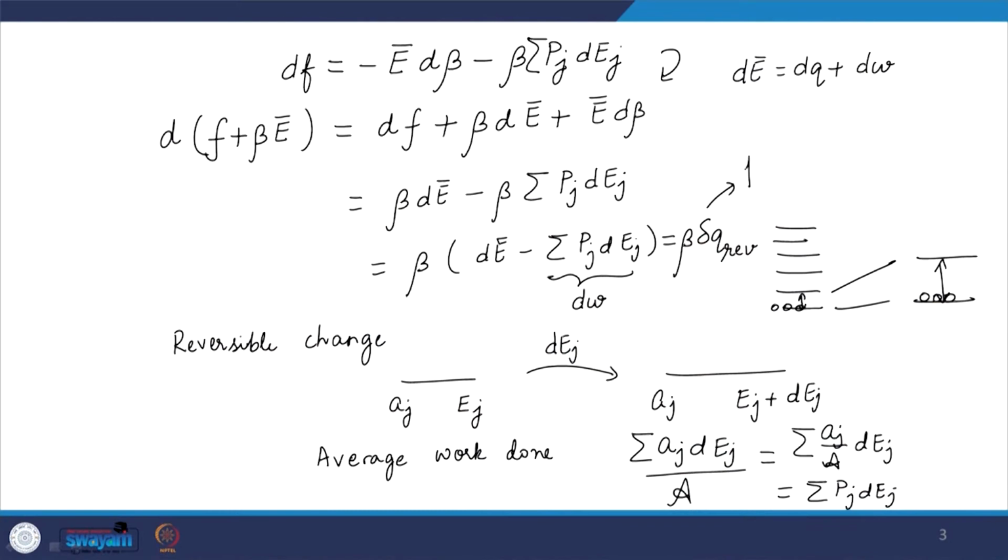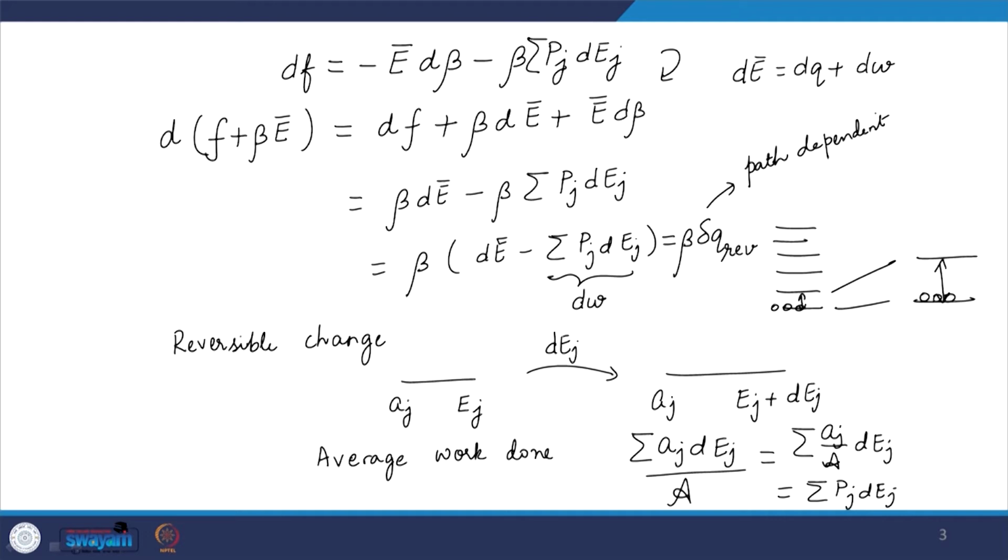So, that is beta delta Q reversible. I have put a delta here just to indicate that this is path dependent, unlike energy, which is a state function. In fact, Q is also path dependent.